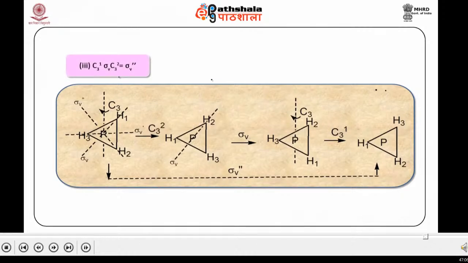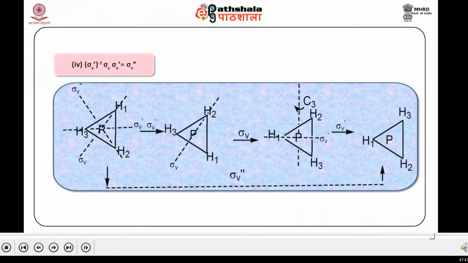This is the fourth similarity transformation in the PH3 molecule, as sigma V dash inverse is equal to sigma V dash.